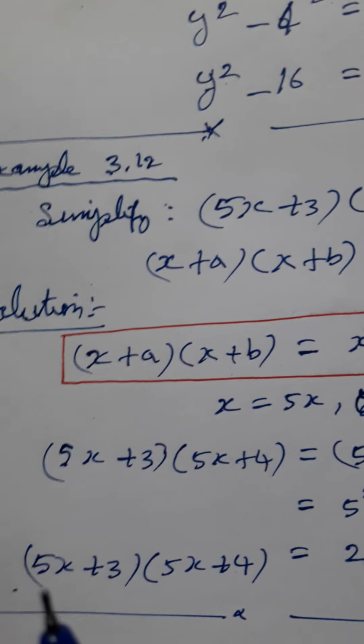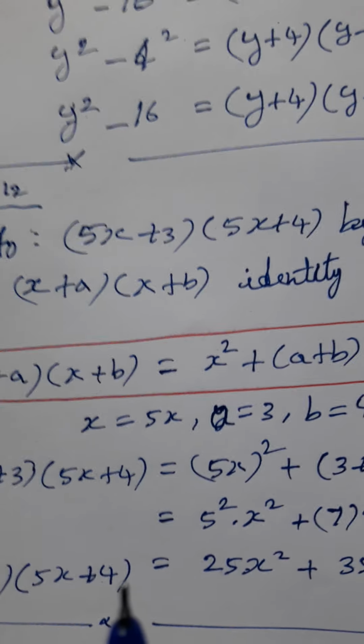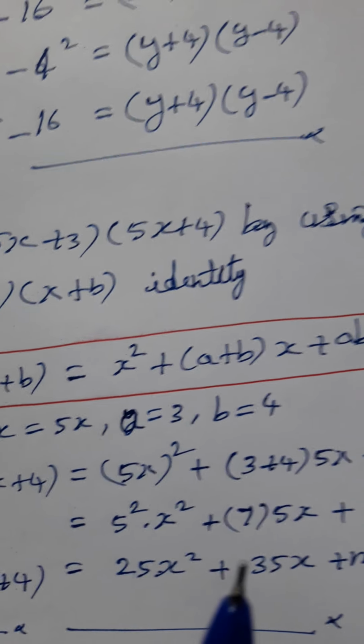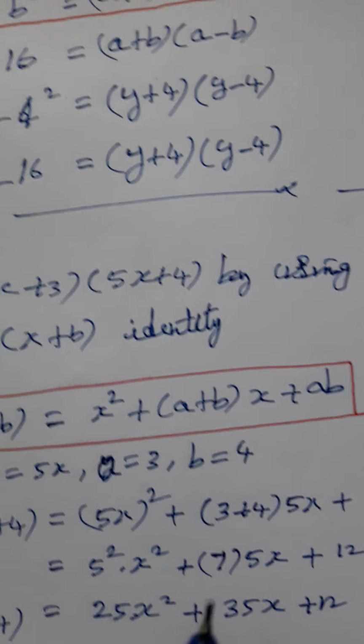So the final answer is (5x + 3)(5x + 4) = 25x² + 35x + 12.